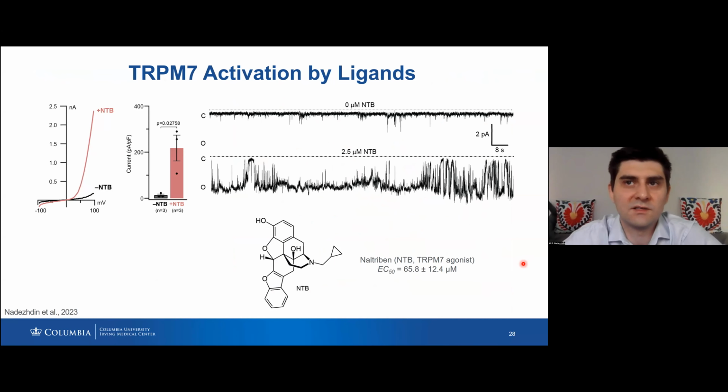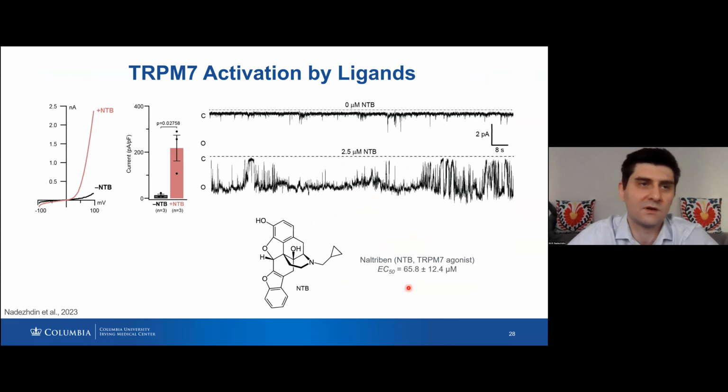So it doesn't happen in any natural environment. This is an artificial mutant that can open the channel. So who cares? So that's why we decided to see, okay, can we open the channel by something else? For example, a ligand, an activator or agonist of the TRPM7 channel.